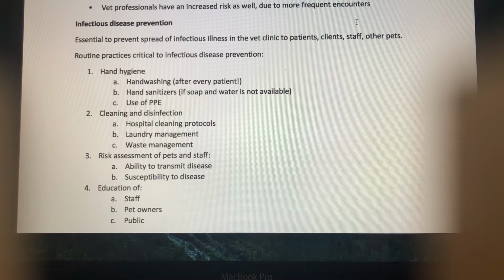Pet owners need to be educated, especially because of that malpractice issue. And then the public needs to be educated as well. Public is usually educated through public health services, the MVMA. They really try to do a lot of outreach and education of the public.